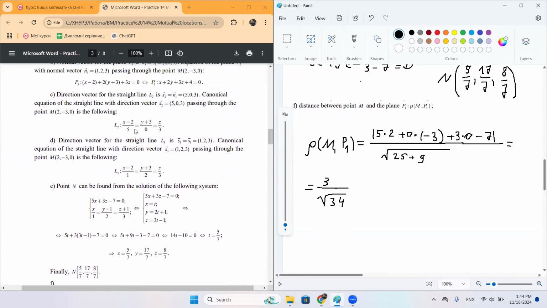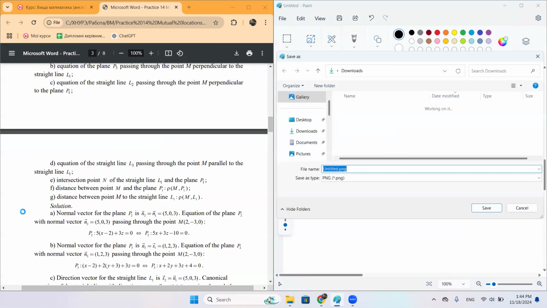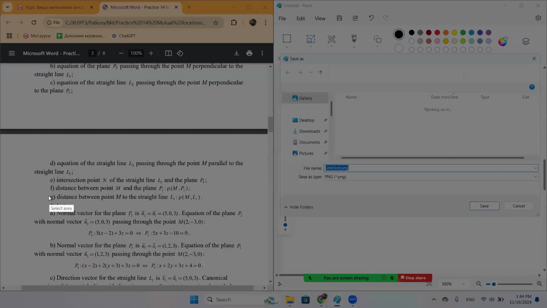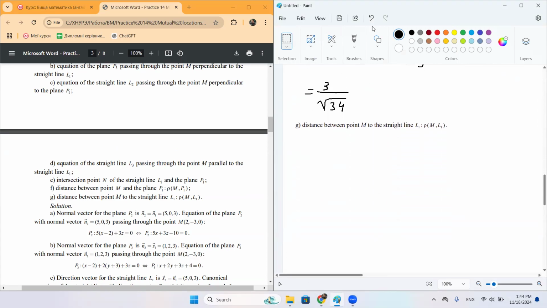And then we need to find the distance between point M and straight line L1. So the formula of the distance between the straight line and the point is the next.